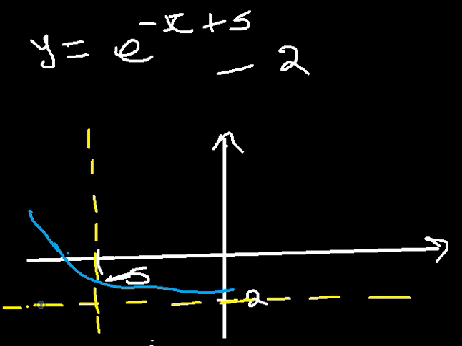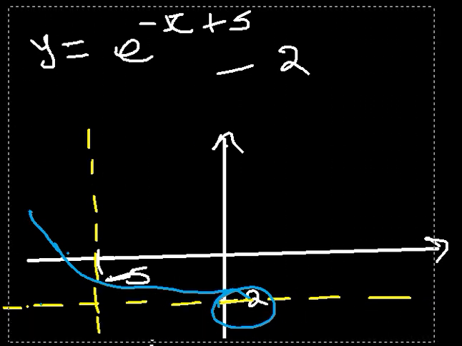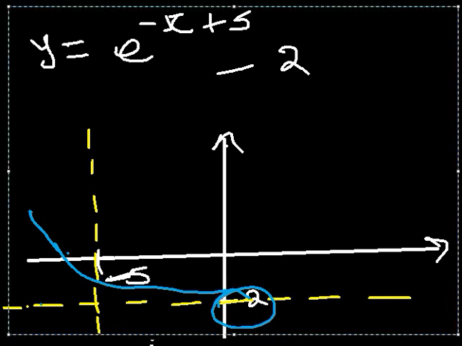This is the horizontal asymptote, as you can see. In the domain, the values are all real values. In the range, the values range from 2 to positive infinity, where 2 is not part of the interval. So try to work that out.